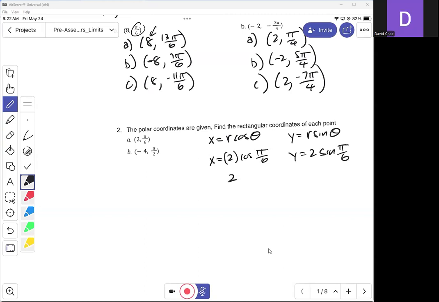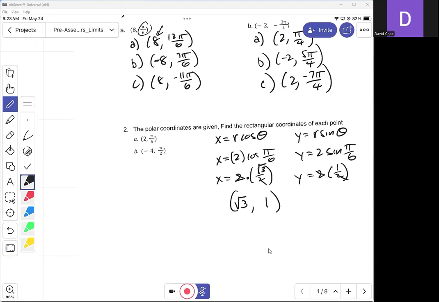Cosine pi over 6 is radical 3 over 2, and sine pi over 6 is 1/2. So the x value is radical 3 because you just cancel out the 2's, and the y value is just 1 because you cancel out the 2's here. So radical 3 comma 1 would be your rectangular coordinates.